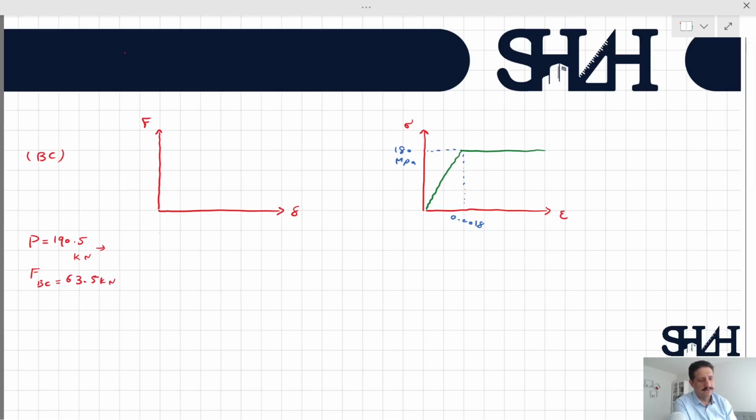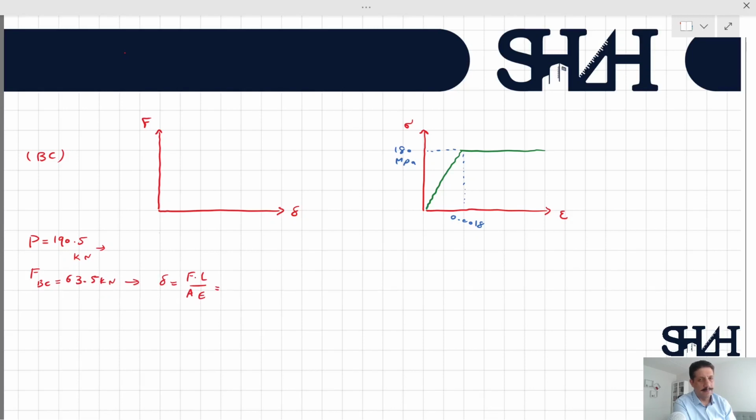So the force and deformation graph can be sketched by the given value, sigma or epsilon. So delta will be FL over AE.